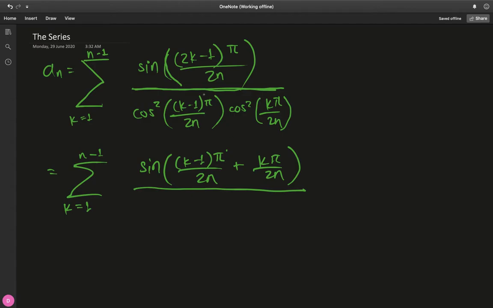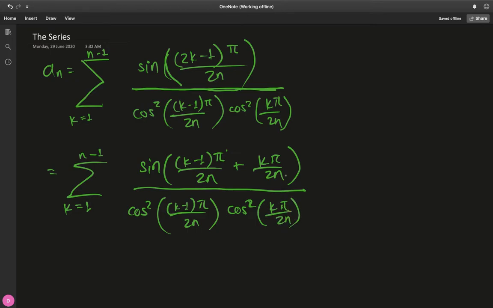I'm just splitting the 2k into a k and a k, and the denominator stays as it is: cosine squared of (k minus 1) pi over 2n times cosine squared of k pi over 2n.